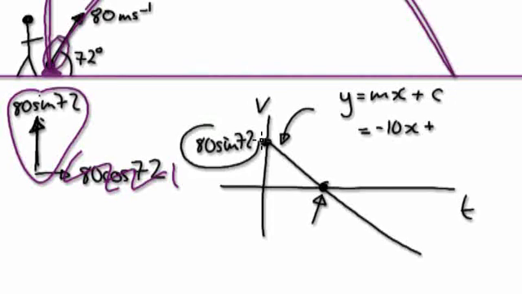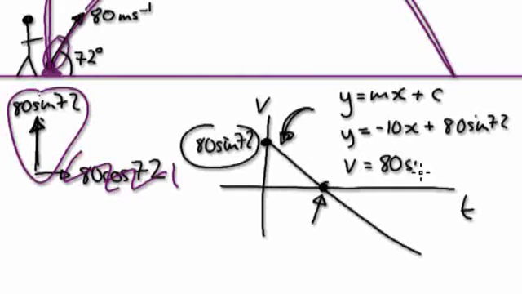Well, the intercept is this bit here. So that's 80 sine 72. So well, let's tidy up now. The equation for this line here is v equals 80 sine 72 minus 10t. Okay, so this is your magical equation for this line.